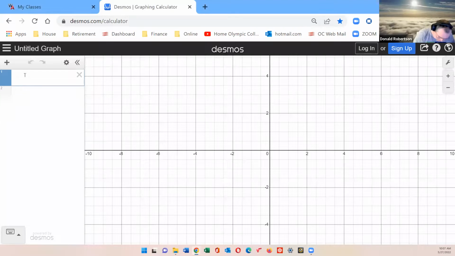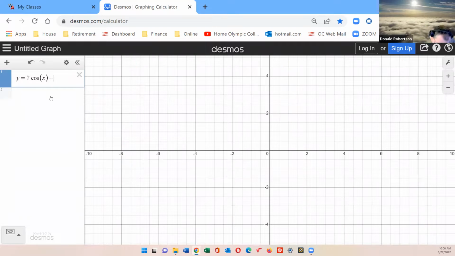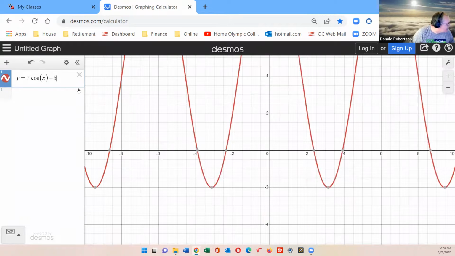So I'm just going to put the functions in right now. The first one was 7 cosine x plus 5. You can see the top bit's missing, but we'll fix that in a minute.